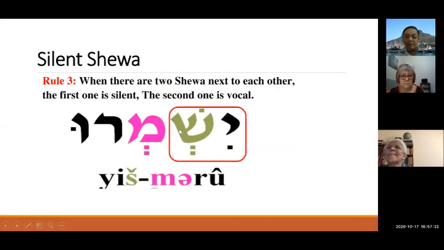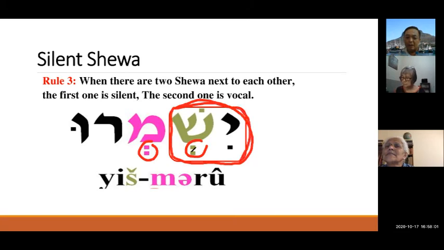Now you will see from here that it's a lot clearer. When you look at rule number 3, let's say there are 2 schwas here, the first schwa and the second schwa. When the first schwa is at the end of the syllable, it helps to close the syllable, so this is a silent schwa. At the beginning of the next syllable or the beginning of a word, it is a vocal schwa.